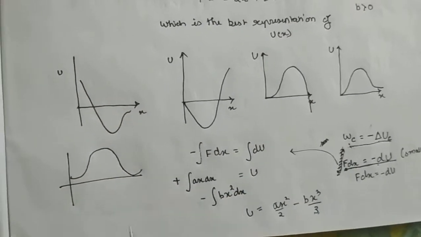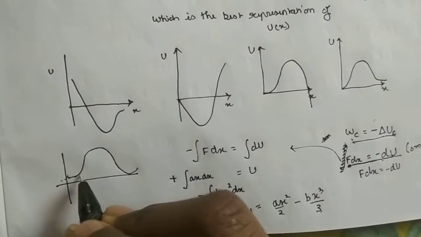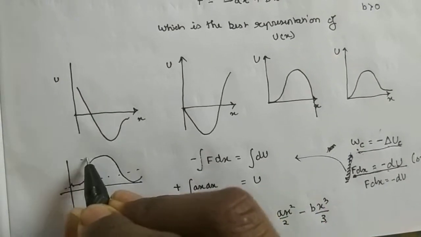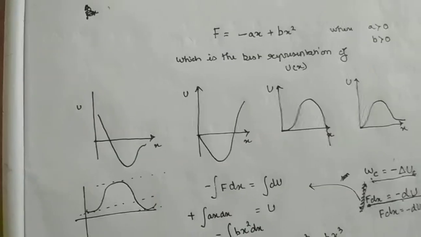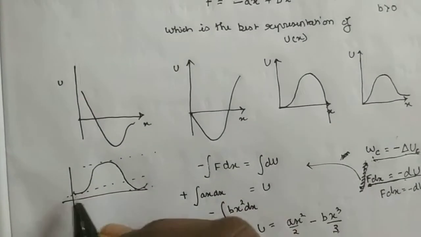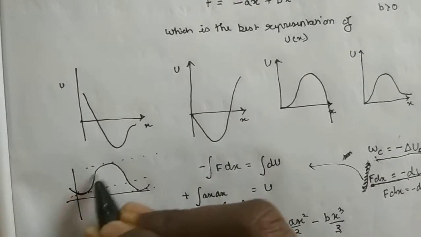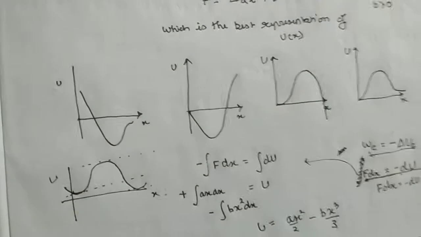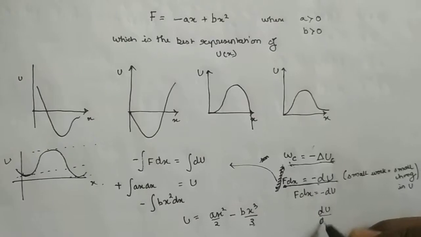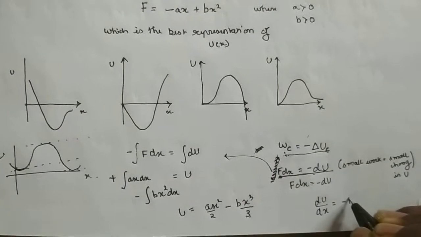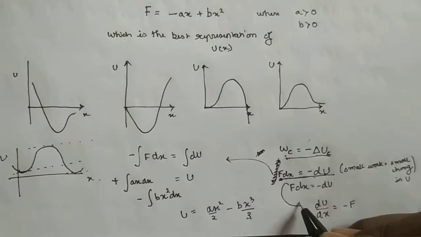Wherever the tangent of this graph is drawn, du by dx equals minus f from this relation.